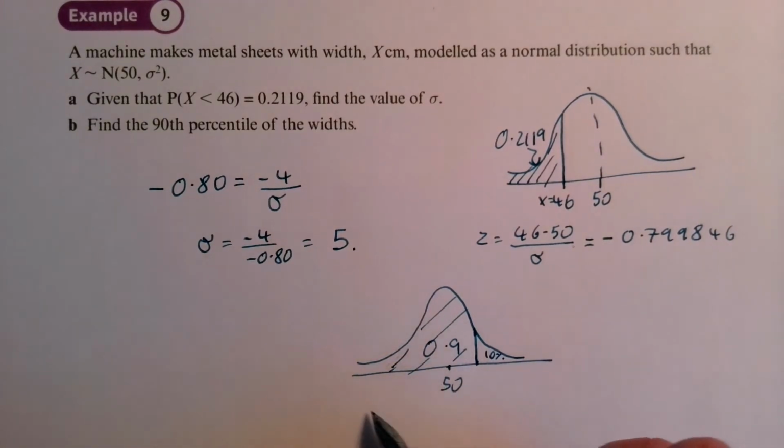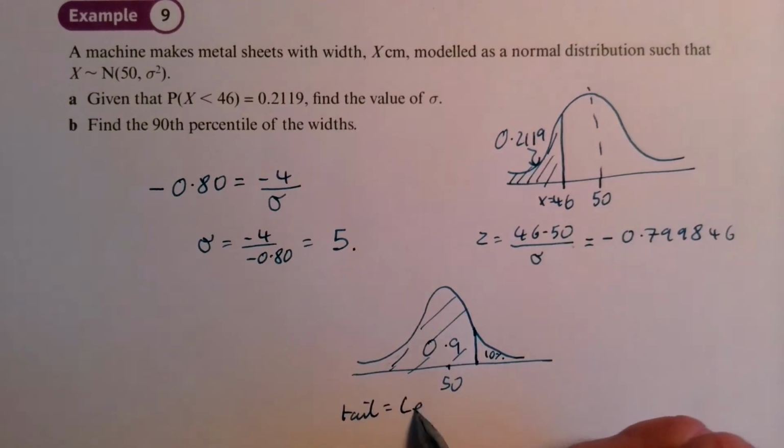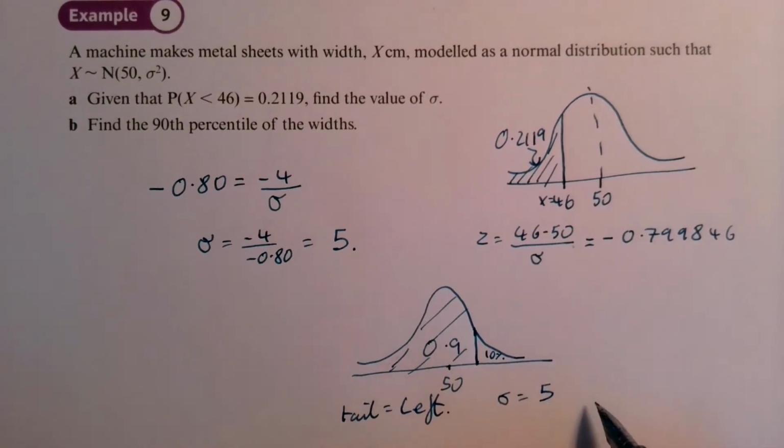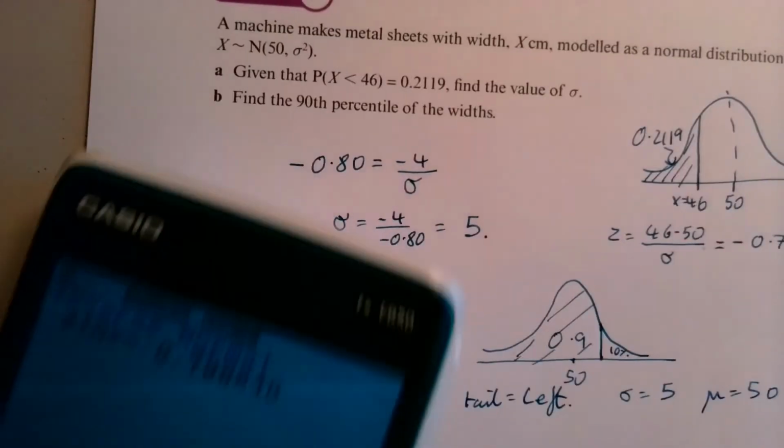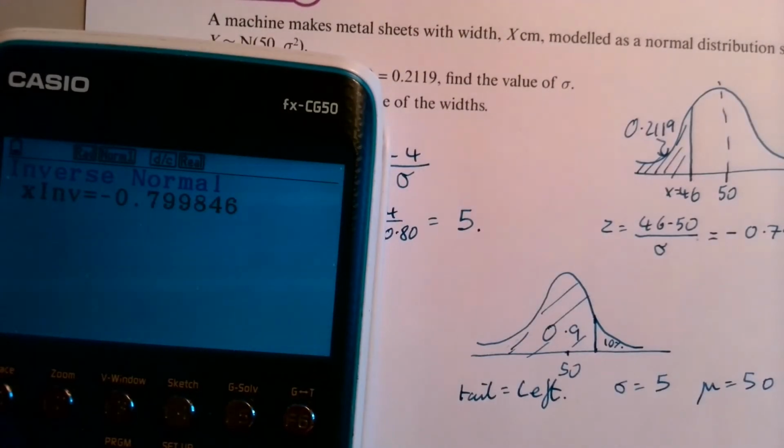So that means we've got a left tail again. What else have we got? We know the standard deviation is 5. We also know that the mean is 50, and that's all we need to go to our calculator.